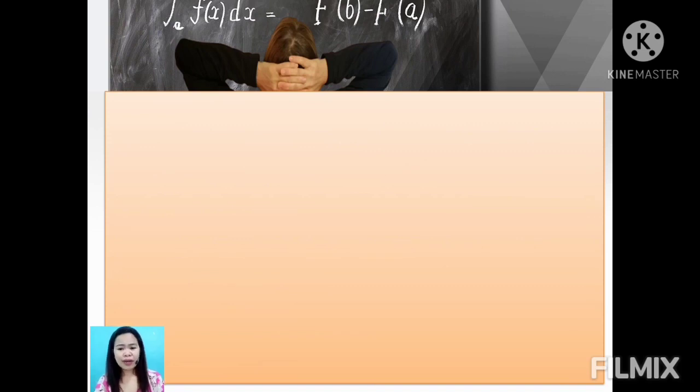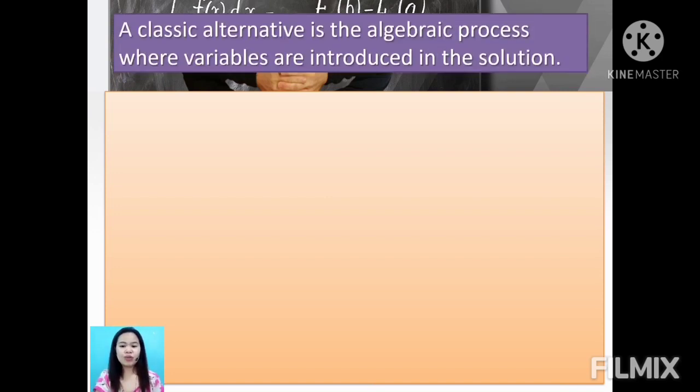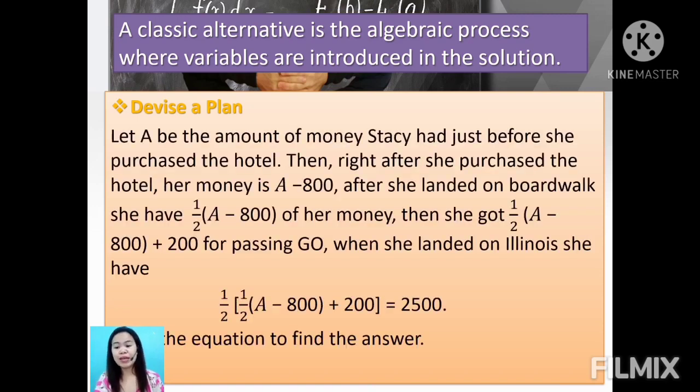Now, another way of solving this is using variables in the solution. So, first, we still have to devise a plan. We let A be the amount of money Stacy had just before she purchased the hotel. So, A is the original amount of money. Then, right after she purchased the hotel, her money is A minus 800, because 800 is the amount.